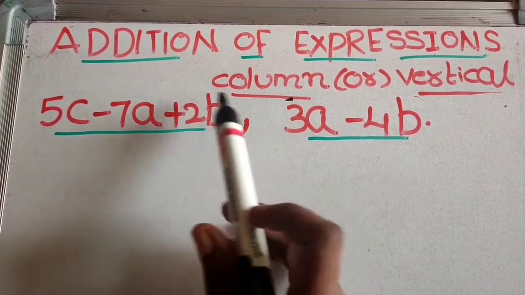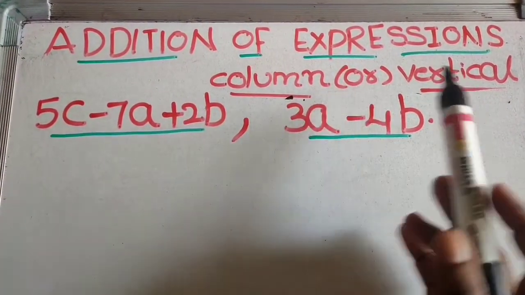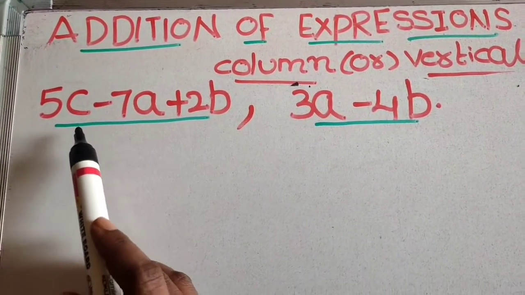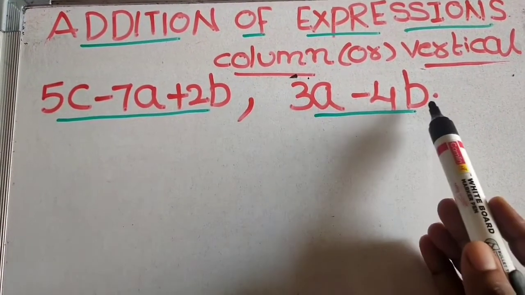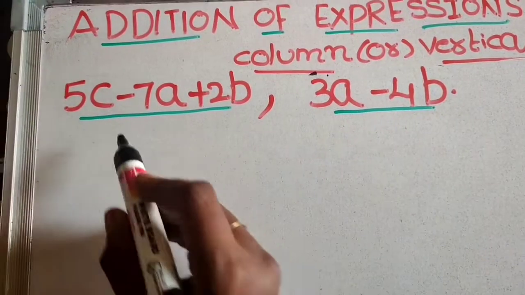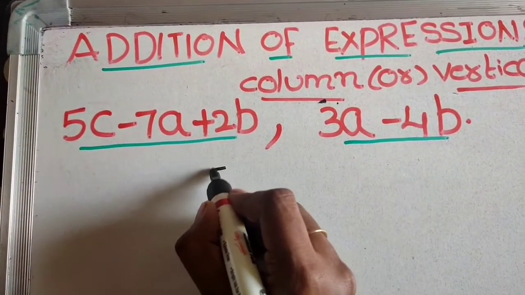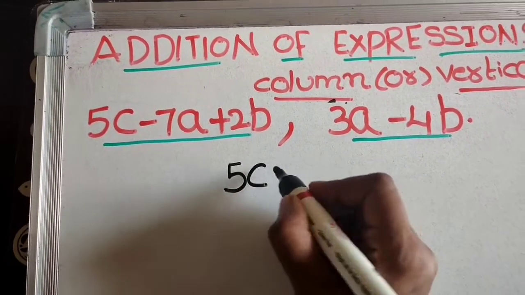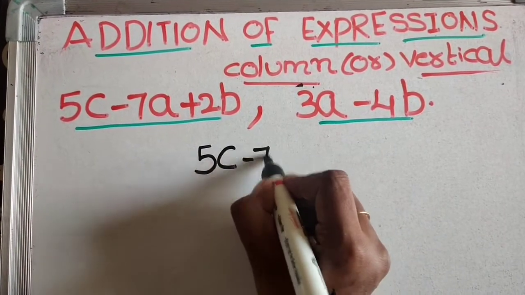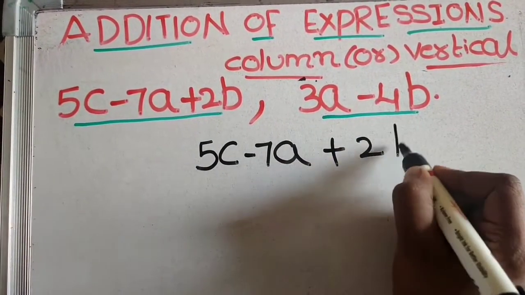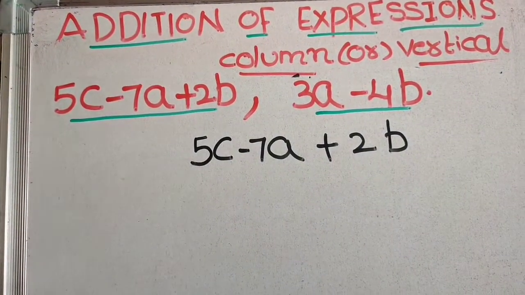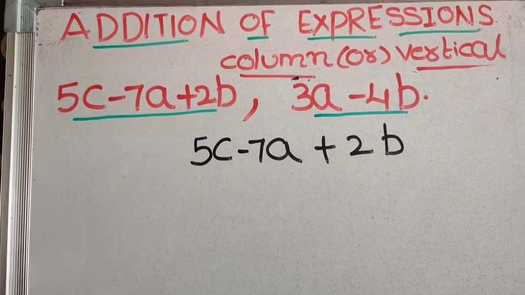Now take two more expressions. And here also we have to do the same method, that means the column method. Always arrange the given expressions in the standard form so that it will be easy. So I am taking the first expression 5c minus 7a plus 2b. And what is the next one? 3a minus 4b.